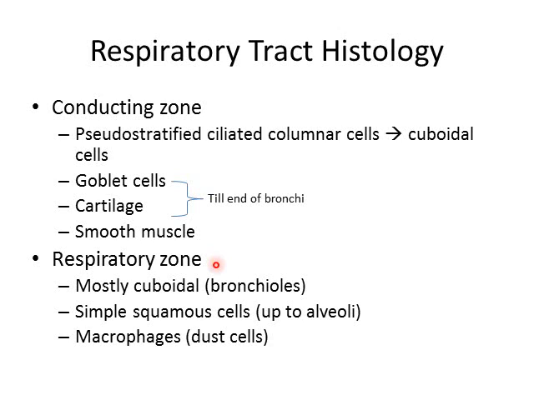Now moving on to the respiratory zone, we're looking at mostly cuboidal cells, and down by the alveoli, specifically the type 1 pneumocytes, you're looking at simple squamous cells, and that's basically so that we can have good gas exchange. They're thin, and we need that to exchange gas efficiently.